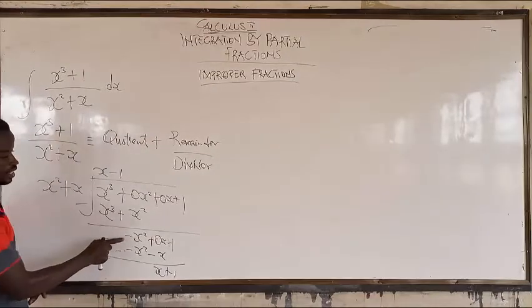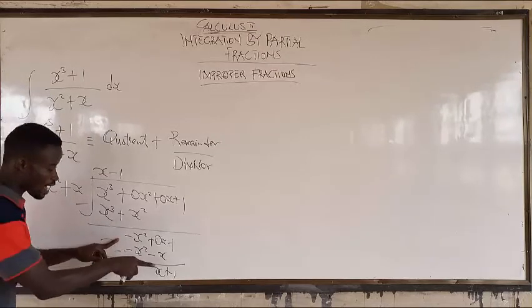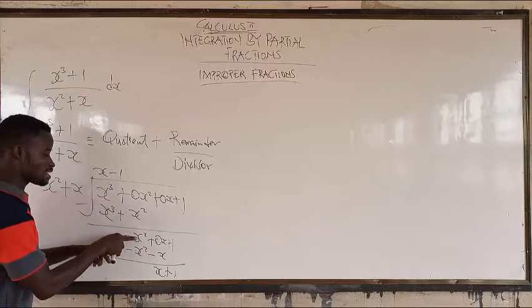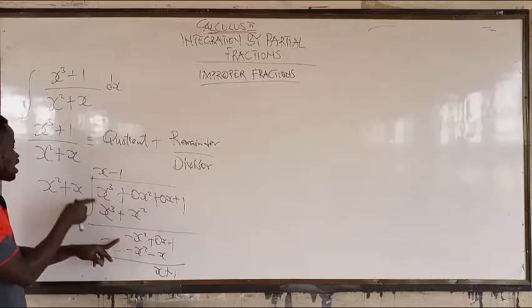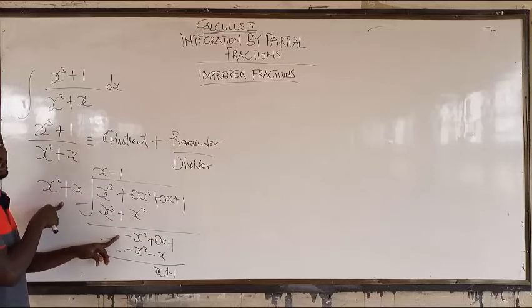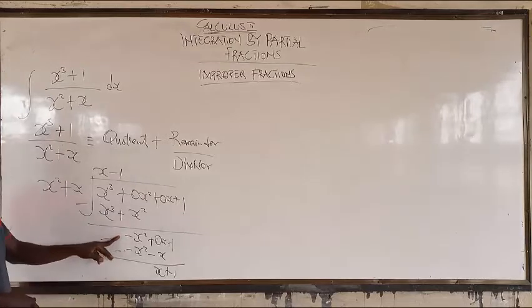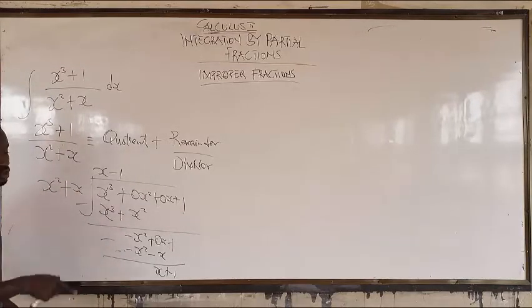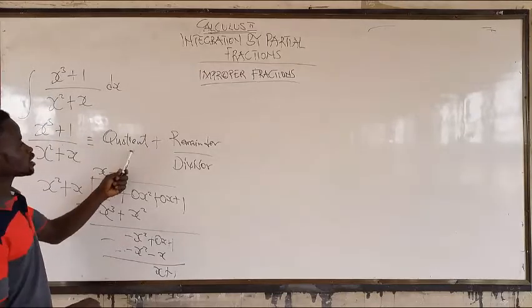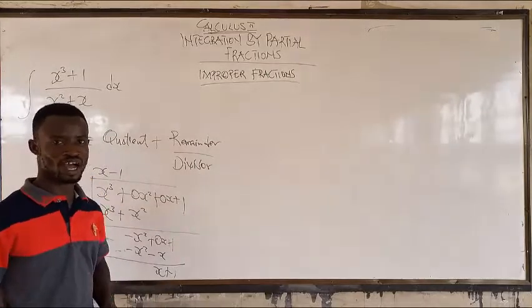The reason why we go again is that when x squared plus 1 is divided by this, the power of the numerator will be the same as the one in the denominator. So that makes it what? An improper fraction. So we go again by dividing, and now we can see that the quotient plus the remainder over the divisor, this part is going to be a proper fraction.